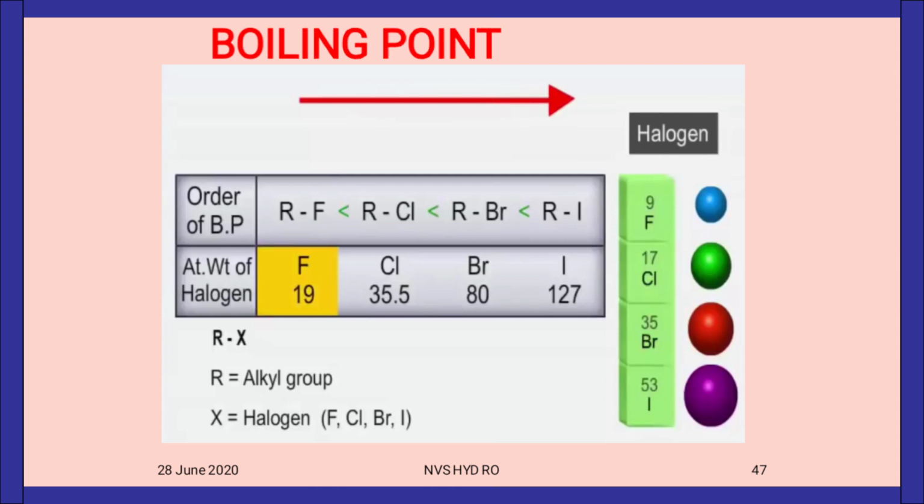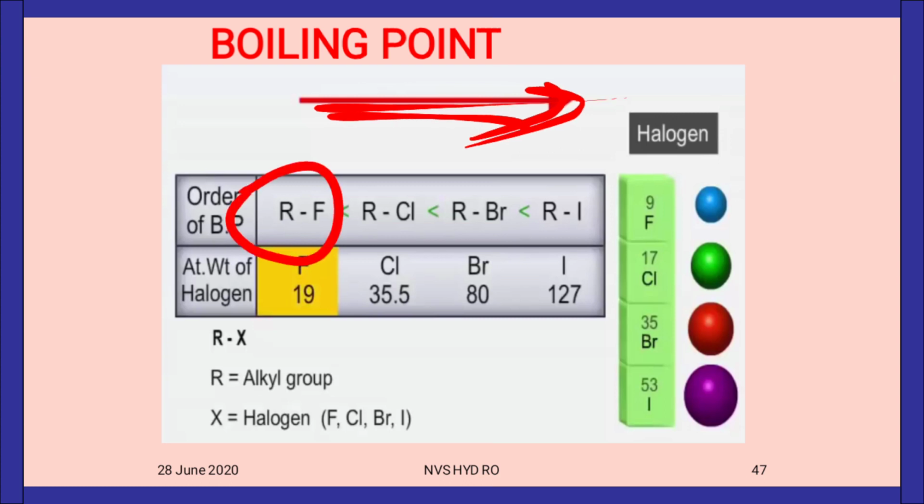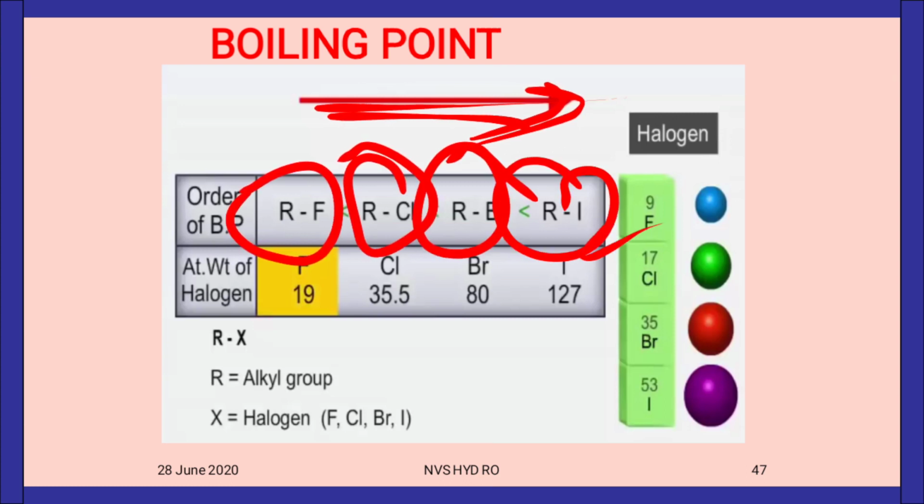This is also in the periodic table. They are showing that along the period, your boiling point increases like this, like fluorine having maximum, then chlorine, then bromine, then iodine. फ्लोरीन का 19 होता है.